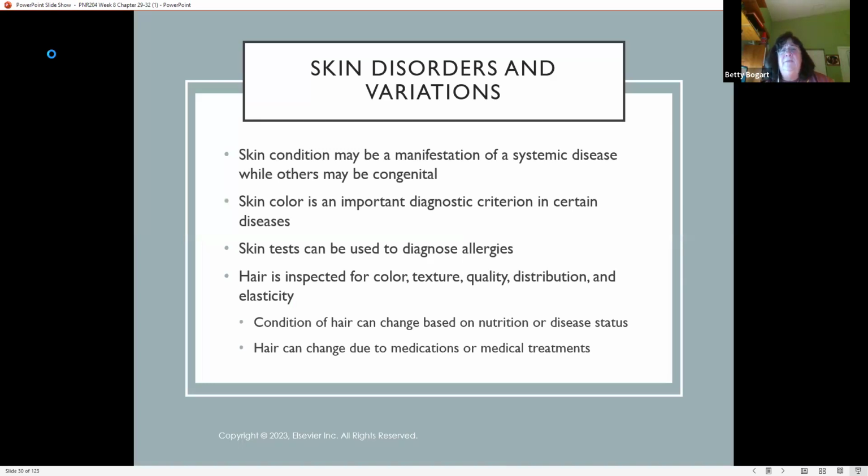Now, sometimes skin conditions could be a systemic disease and some could be congenital. There are certain things. How about a skin condition due to a disease? How about rheumatic fever? How about chicken pox? All of these things, you get measles, all of these things create a skin condition, right?